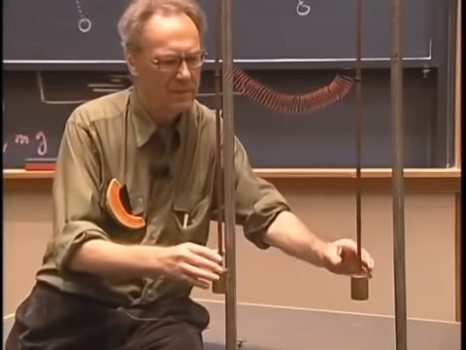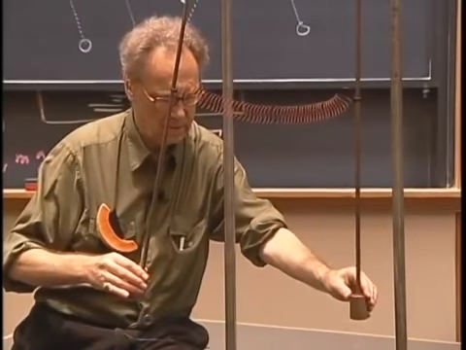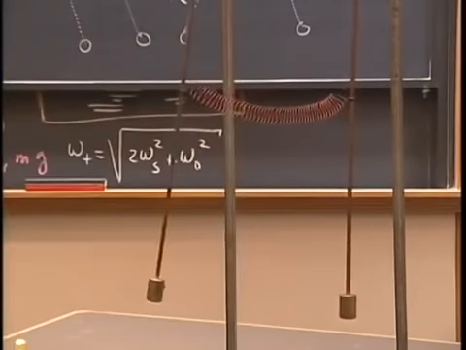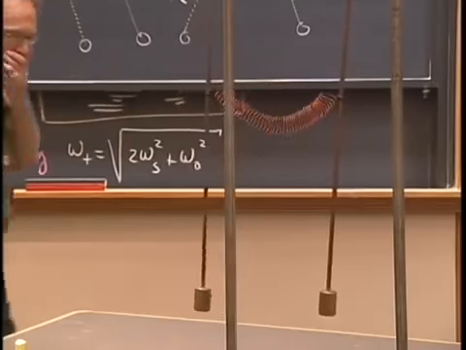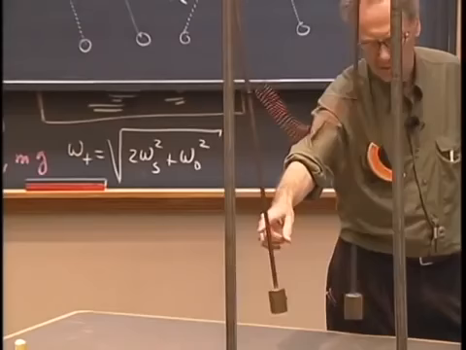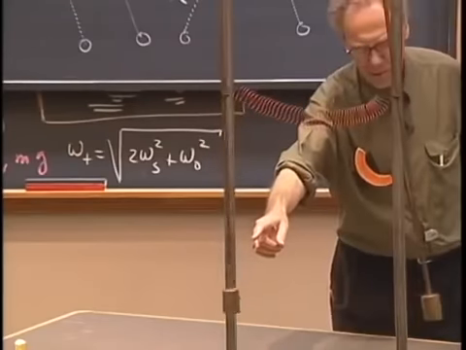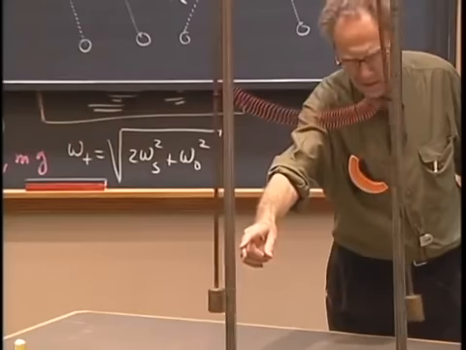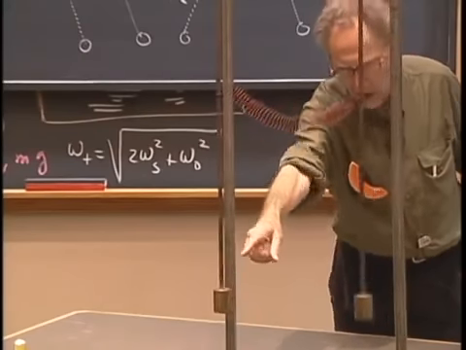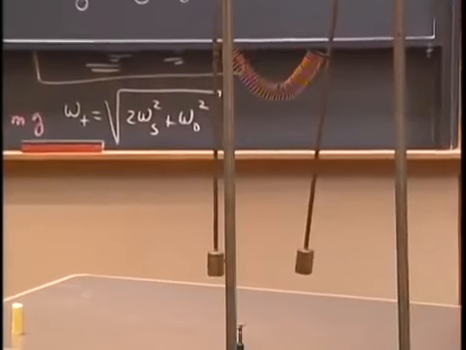So I have decreased the coupling. You see, it's still swinging happily. Now it's beginning to change its mind. You see? And now it's standing still. Took longer. Do we agree?